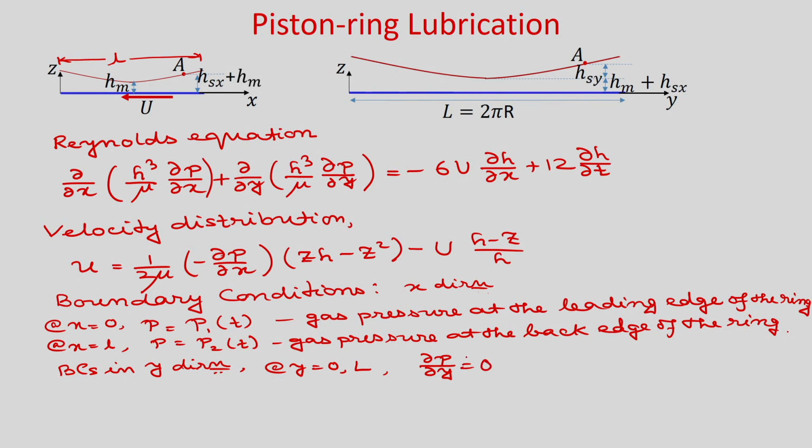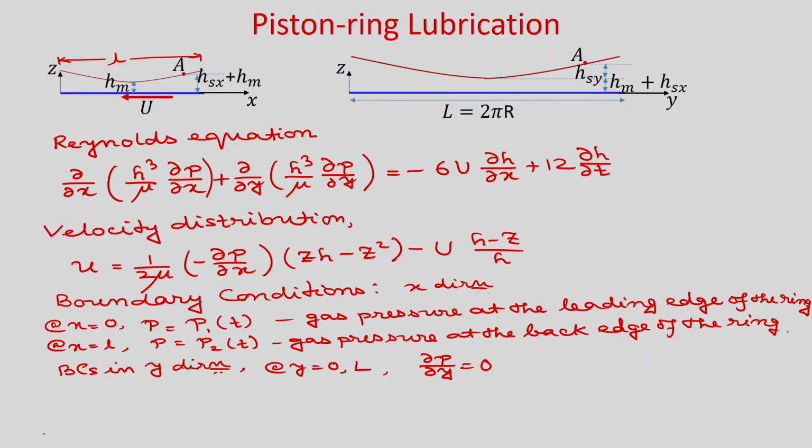If del p by del y is 0, then obviously there will be no flow along the circumferential direction, because there is no relative motion between the cylindrical surface and the ring surface. So, obviously you can assume that velocity is 0 in y direction. And we have the initial condition, which is your periodic condition here.